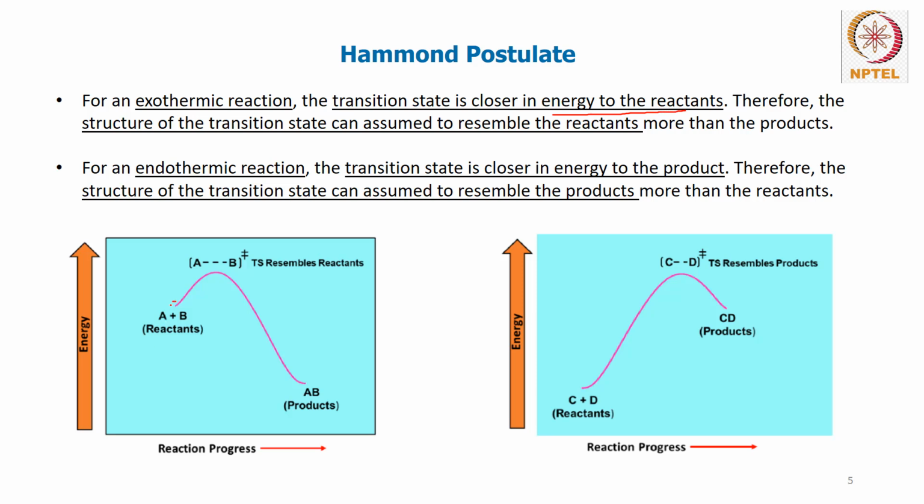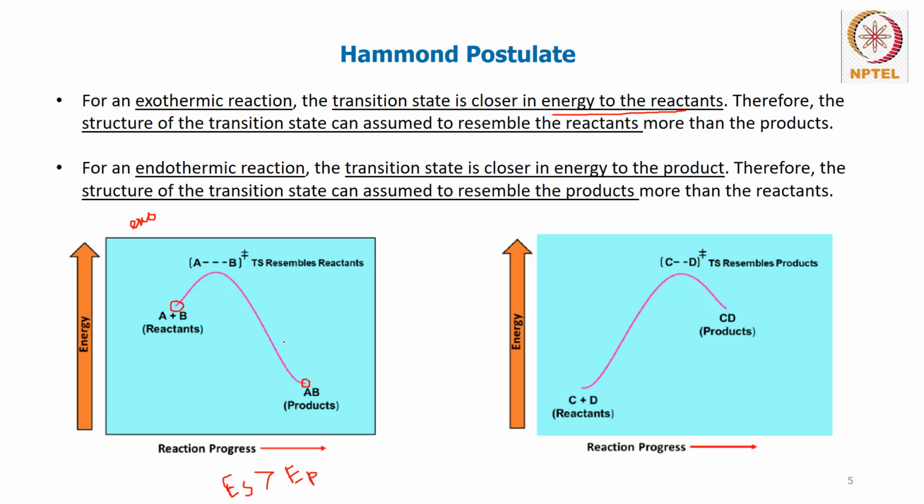So this is the reactant energy and this is the product energy. This is for an exothermic reaction. How will we know? Whenever the energy of the substrate is greater than that of the product, then that is exothermic.